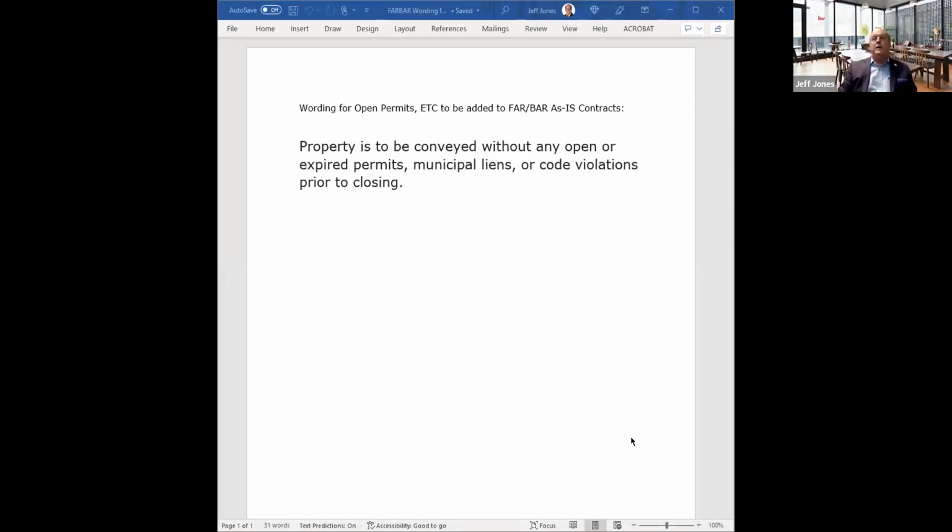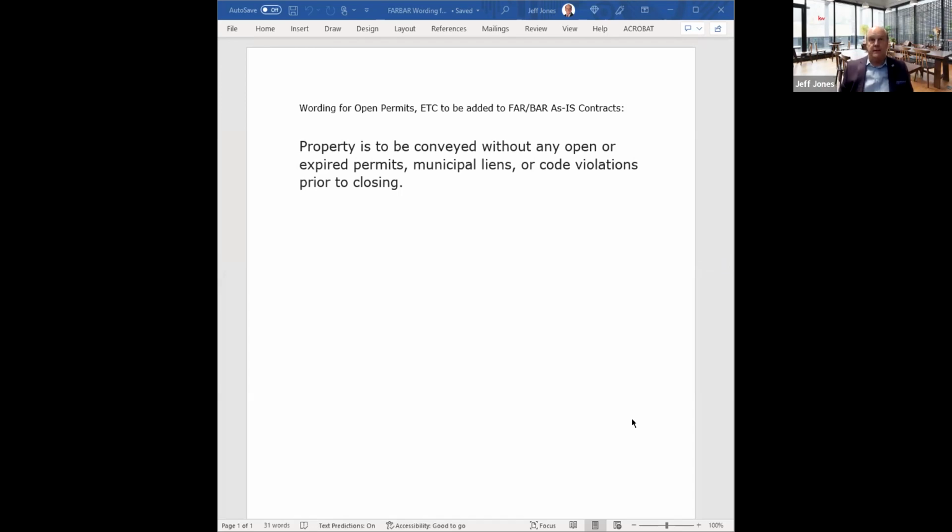It's really important. Can you see this okay? Everybody see this? Okay. You might take a picture of that or ask me to email it to you. But we strongly suggest if you're going to write an as-is contract, be it FAR/BAR or NABOR, that you include this language in the other terms and conditions. This is attorney-approved language.